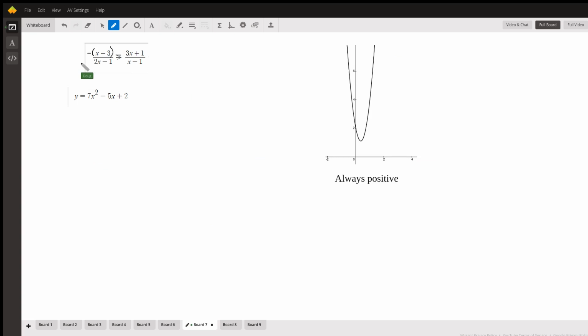On board 2, if we take a look at what happens if we solve this equation where we've taken the opposite of the expression inside the absolute value, we end up with this after you cross multiply and collect it. And the point is that this expression is always positive. There's the parabola.